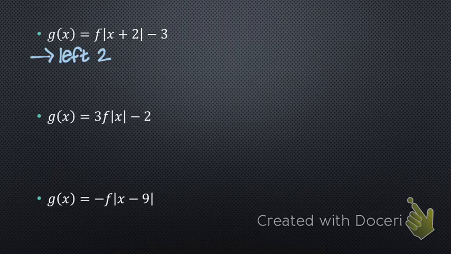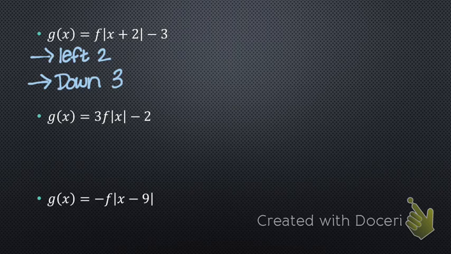And then the minus 3 that's outside the bars all by itself at the very end of our equation, that's our k value, so that moves us up or down the graph. So that minus 3 is going to move us down 3. I'm not going to actually graph these, but if we had a graph, it would take the function and move it left 2 and down 3.